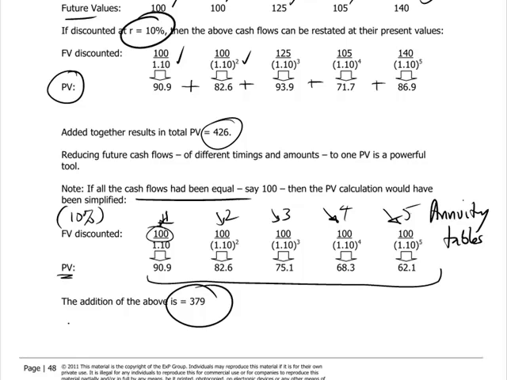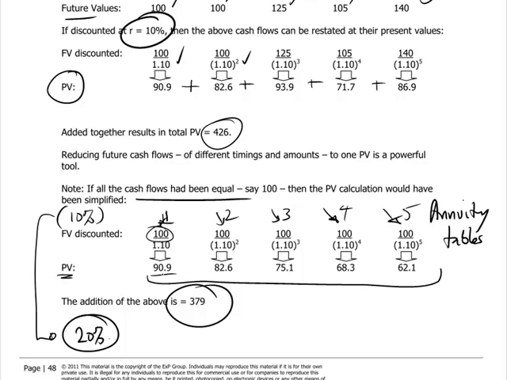Please verify that you know what the impact will be if we were to increase the discount rate, for example, to 20%. Now, of course, we can't do the precise present value calculation in our heads, but we can at least say that if we were to discount these numbers more heavily at 20%, $100 discounted at 20% would have a present value today of less than $90.9.